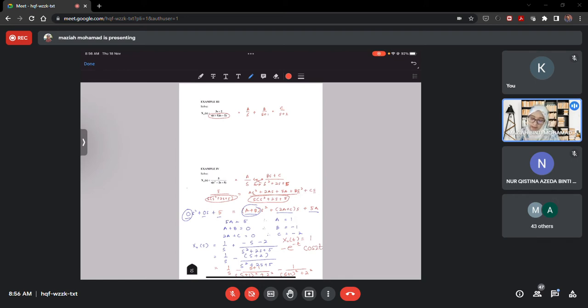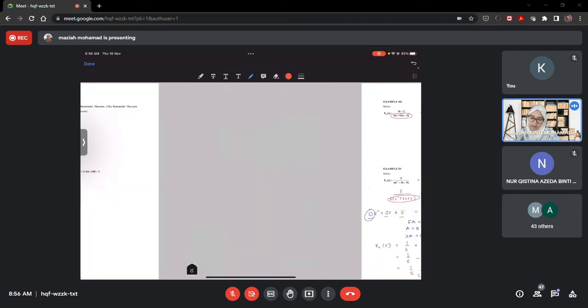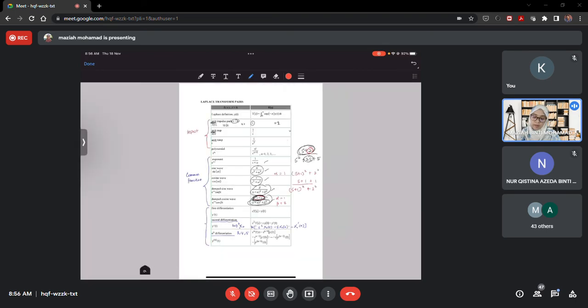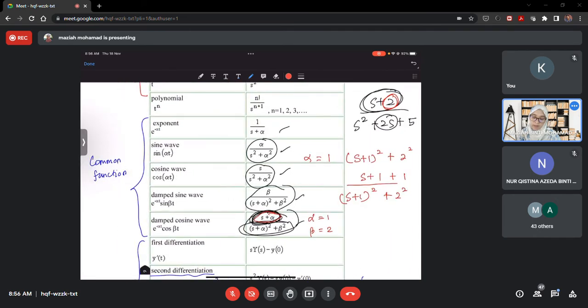And the last term, 1 over s plus 1 square plus 2 square, if we refer to the table, this is the value. 1 over s plus alpha square plus beta square, 2 square. So we can separate it because it is 1.